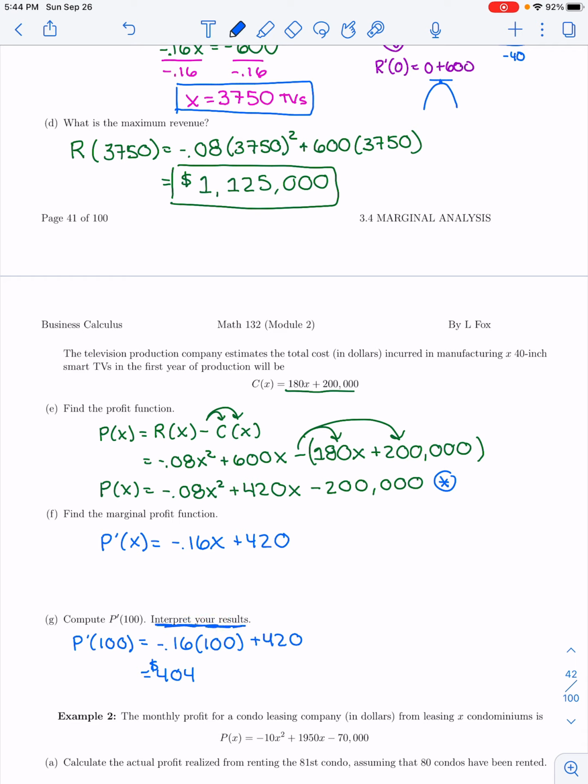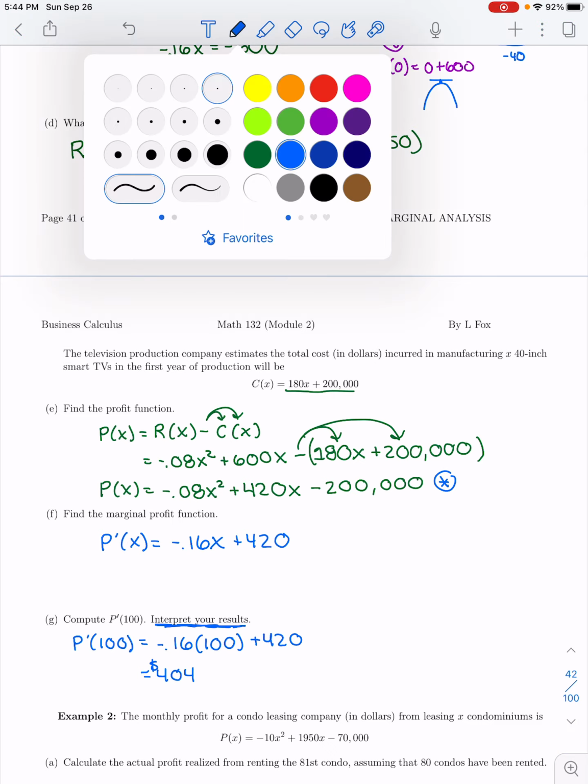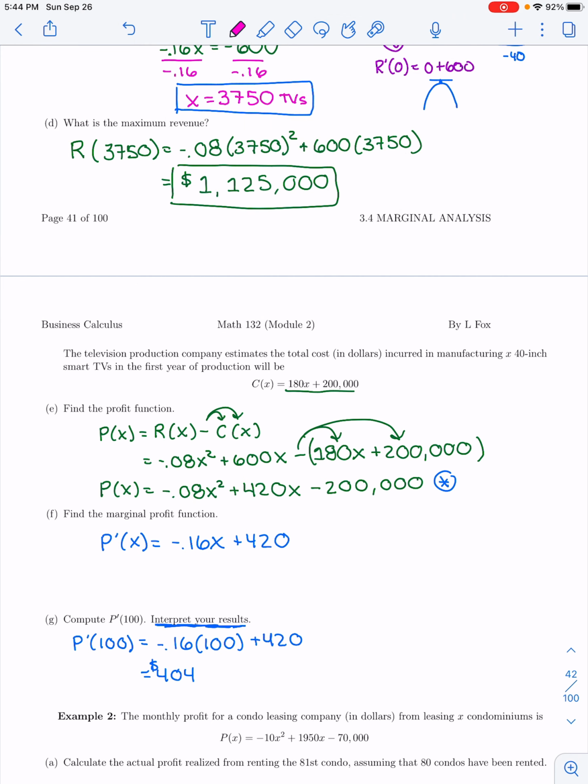We've talked about interpreting marginal cost. We know marginal approximates the actual cost for the next unit. It's the same exact thing with profit. So we would say the approximate, because we know it might not be perfect, might not be the exact number, but the approximate actual, and be careful, this time we're plugging into P prime and not C prime. So the approximate actual profit instead of cost, the approximate actual profit, not from producing now, you have to sell in order to have profit.